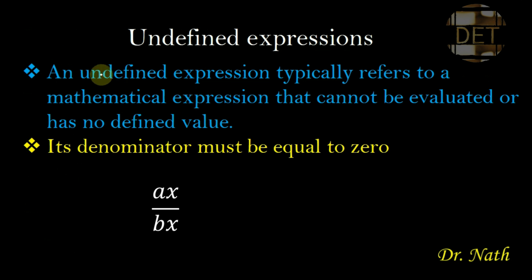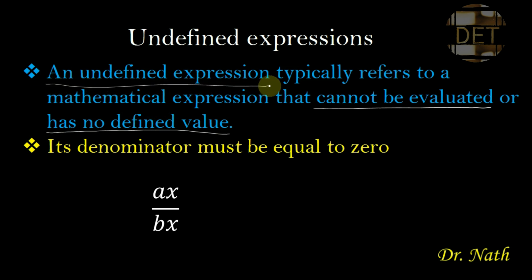Undefined expressions are those expressions that cannot be evaluated or have no defined value. Any mathematical expression that cannot be evaluated or has no defined value is referred to as an undefined expression.